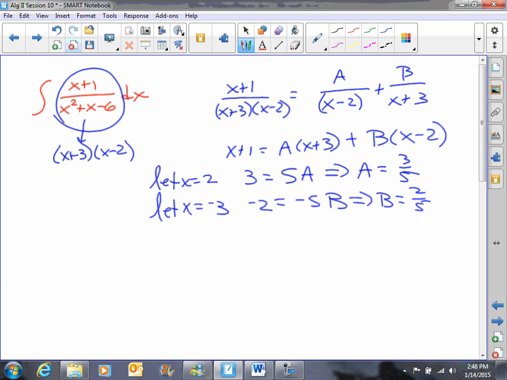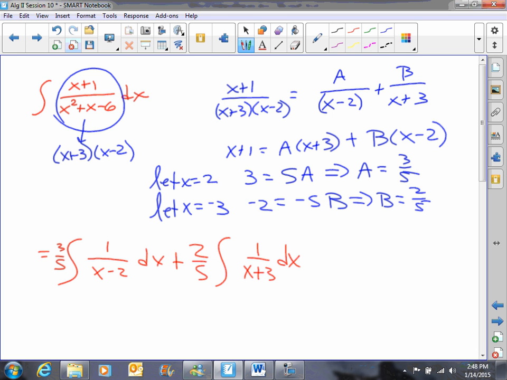So our original integral can actually be rewritten as the integral of 3/5 times 1 over x minus 2 dx plus 2/5 integral 1 over x plus 3 dx.